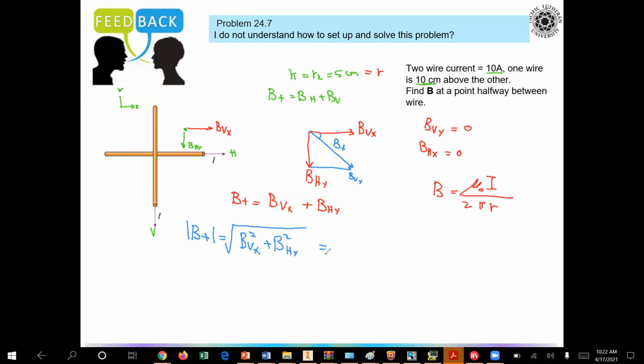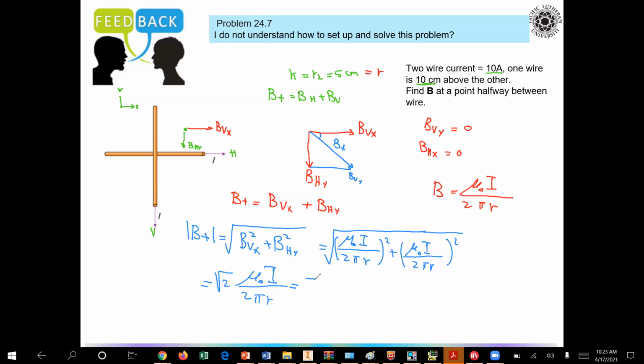If you want to type it as a formula, here is what you are going to write: mu I over 2 pi R, squared, plus the same quantity, mu I over 2 pi R, squared, with the same value for R. So basically what you end up with is the square root of 2 times mu I divided by 2 pi R. You have all the values you need.